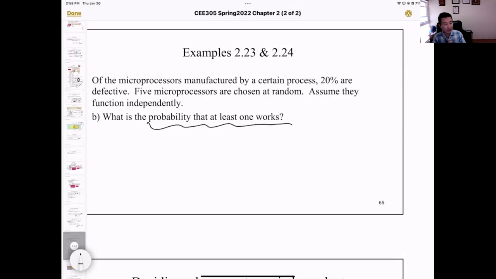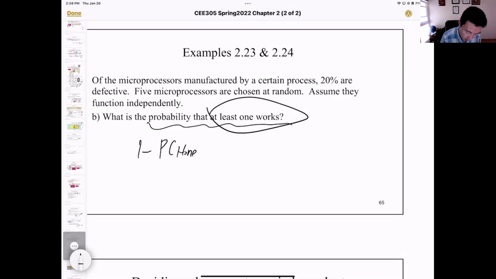Or we can use a common trick, which will be touched on many times in this semester. At least one works is equal to 1 minus the probability of 0 work, none work. That would be much easier to calculate.